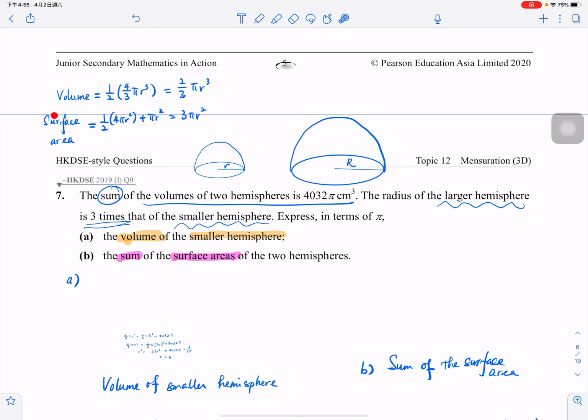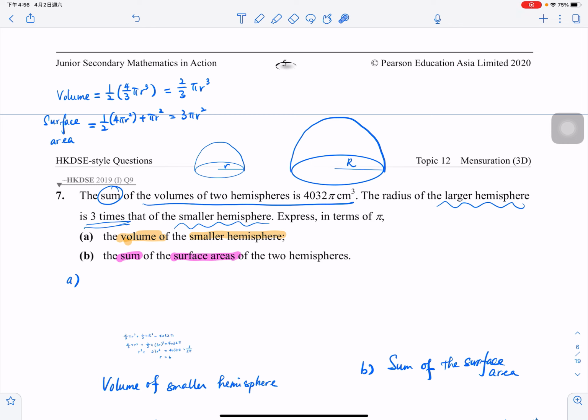The volume of a hemisphere is half of the volume of a sphere, 4/3 pi r cube. So this one is 2/3 pi r cube. About the surface area, again remember you have the curved surface area and the base circle. So half of the surface area of a sphere, 4 pi r square, and then plus the base area, that means a circle. So total 3 pi r square.